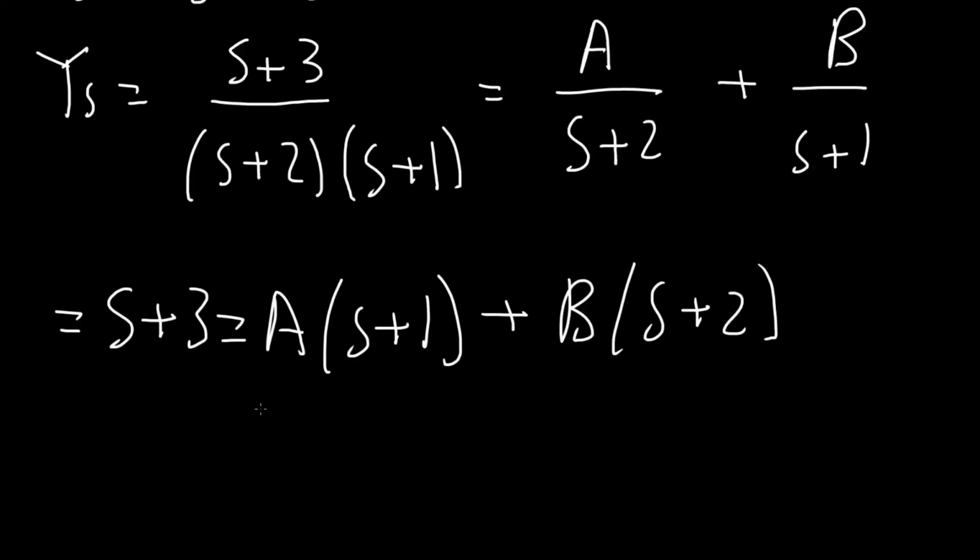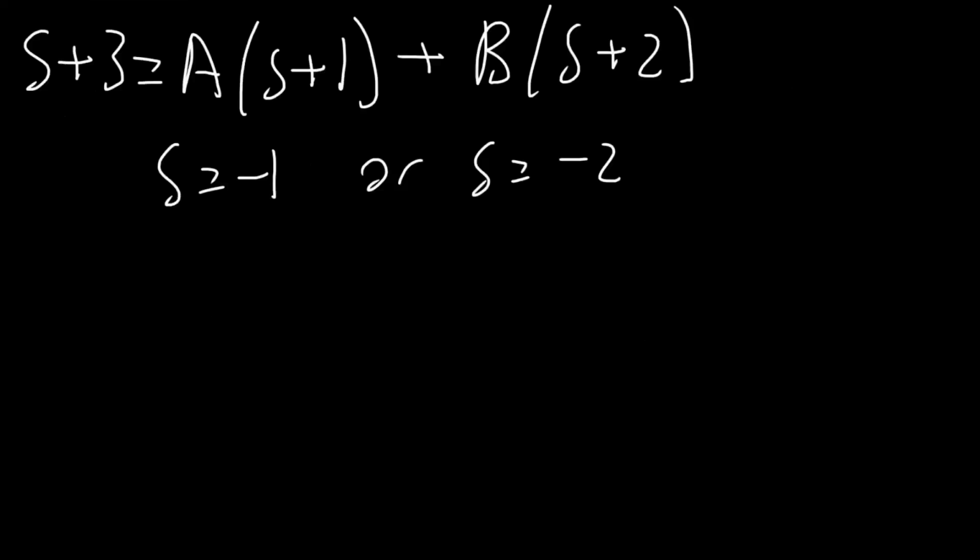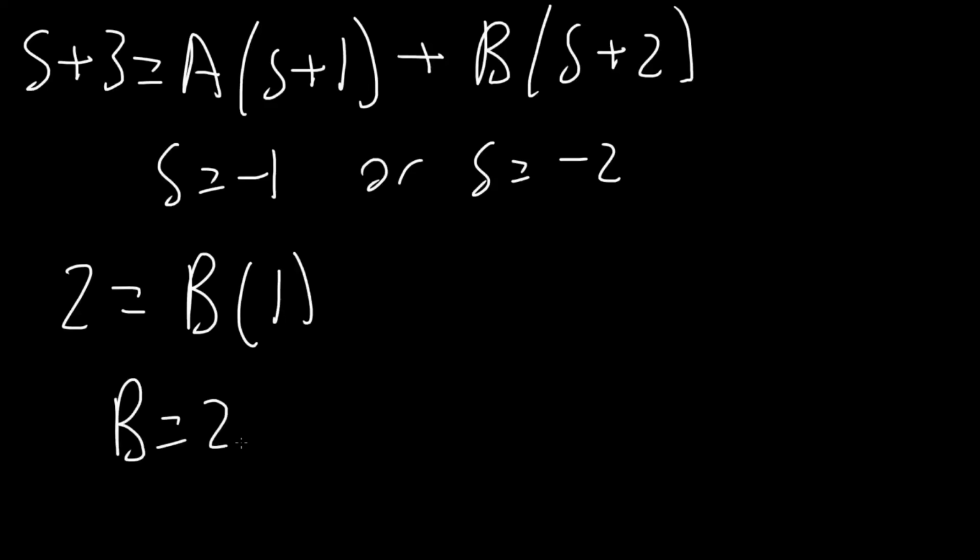And if we say that s is equal to negative 1 or s is equal to negative 2, we can get our A and B. And so if we plug in negative 1 for s, what we're going to get is minus 1 plus 3. So that would be 2 is equal to A times minus 1 plus 1, which is 0. So this would be 0. So we would get B times minus 1 plus 2, which is going to be 1. And so B is equal to 2.